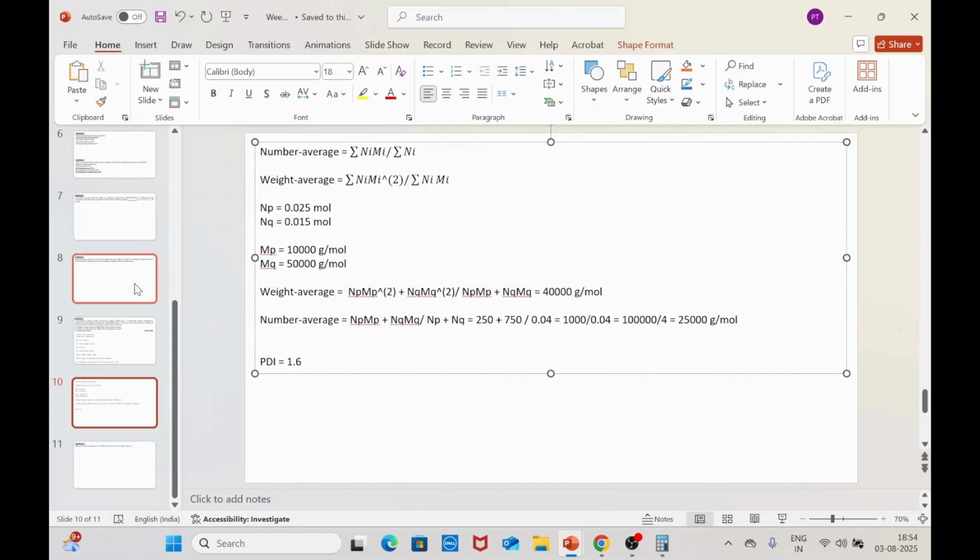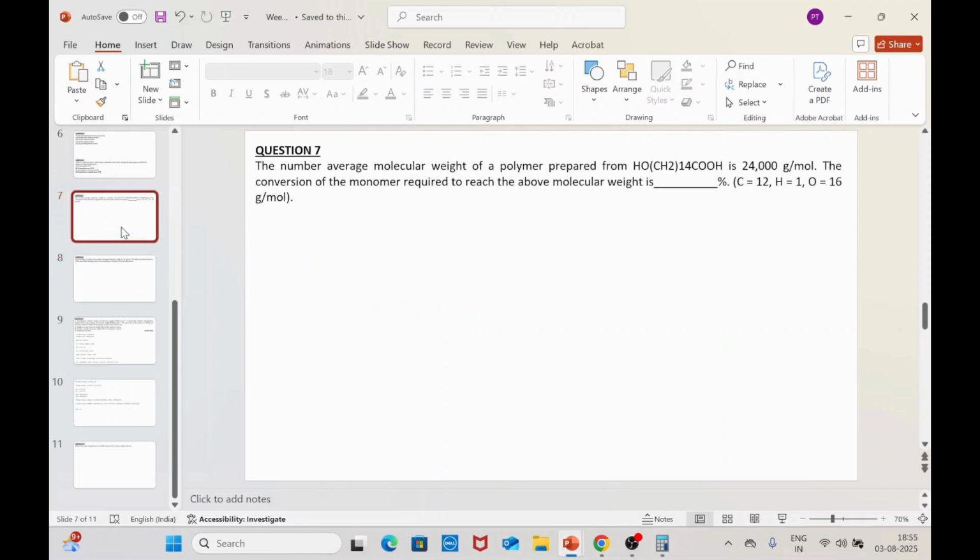So let's go to this question. Number average molecular weight of a polymer prepared from this monomer is 24,000 gram per mole. The conversion of the monomer required to reach the above molecular weight is dash percentage. You have to tell what percentage it is.